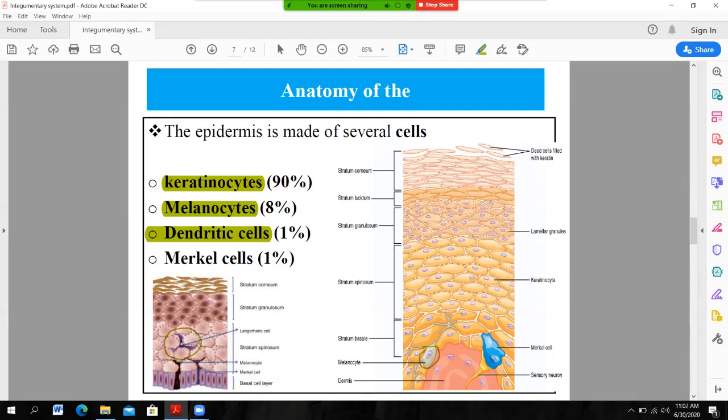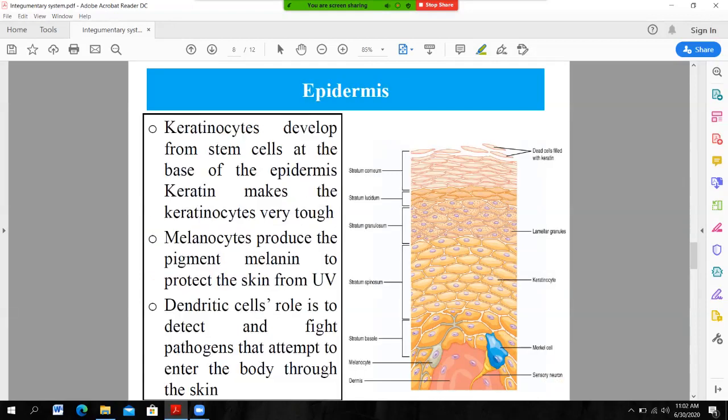And the Merkel cells are found at the stratum basale, and they sense light touch. So these are the important cells found in the epidermis.